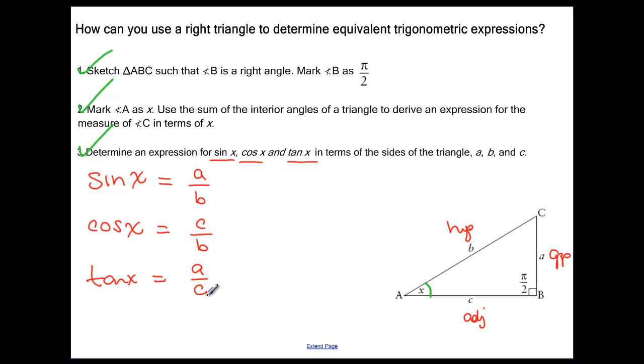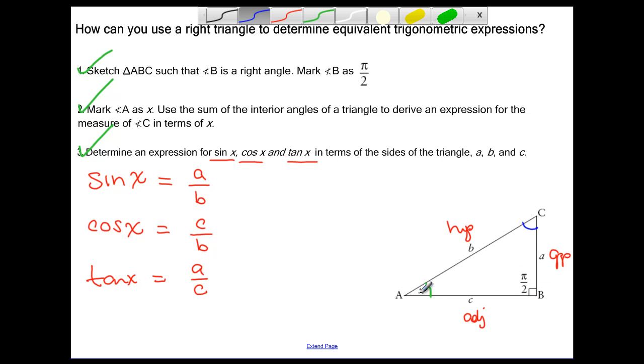That part's fairly routine. Now we want to look at the triangle through the eyes of the third angle that's unlabeled. We're looking at the triangle through the eyes of angle C, but we're not going to call it angle C. We're going to represent it with the angles provided for us. The sum of all three angles in a triangle equals 180 degrees, and we've used up 90 already.